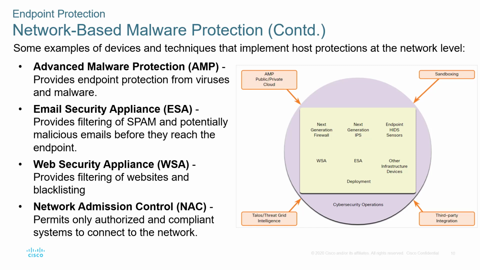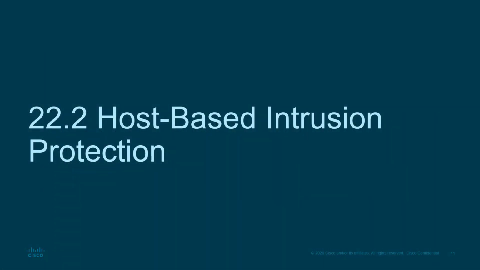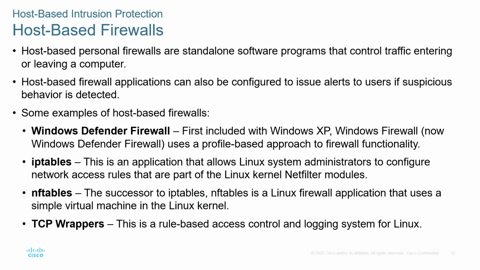Alright, so let's talk host-based intrusion protection, or intrusion protection focusing on host-based tools. Again, we've already looked at things like the firewall, but on each machine, whether it's a Windows, Linux, or Mac, we also have things like iptables or nftables, and that's going to be the Linux firewall.